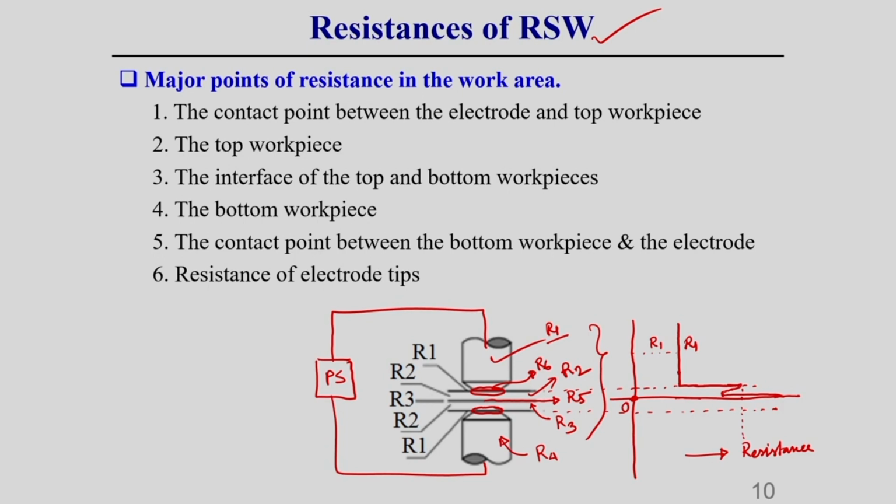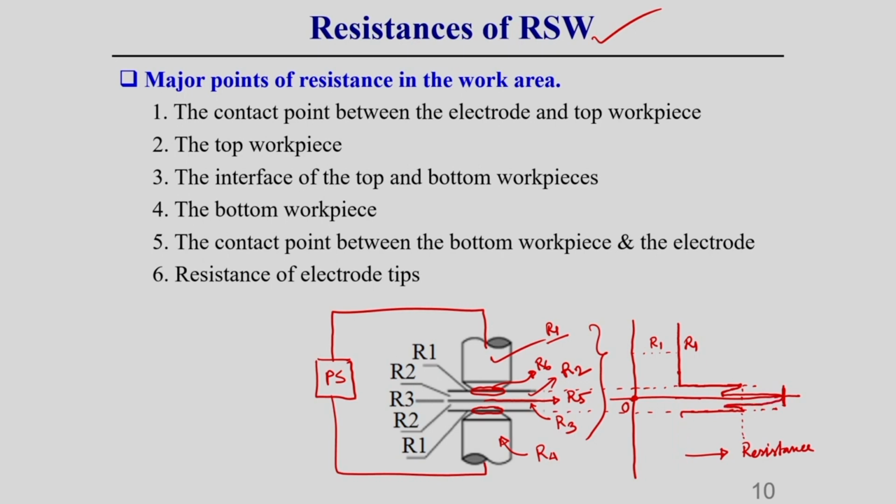When it comes to the workpiece in this region, the resistance is decreased a little bit, and after that, at this contact point, the resistance is very high. Similar things happen on this side also: till the workpiece the resistance will be like this, once it comes to the contact the resistance will be high, after that again it is decreasing, and at the interface it will be very high.